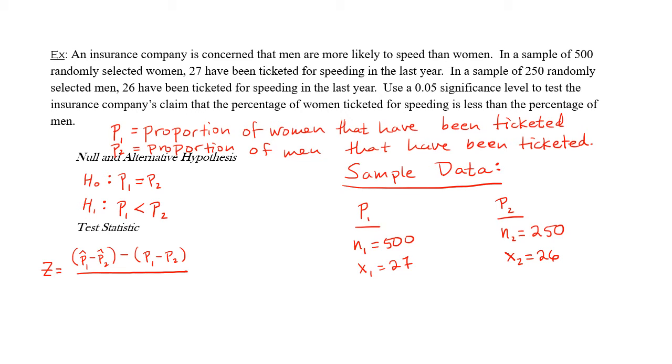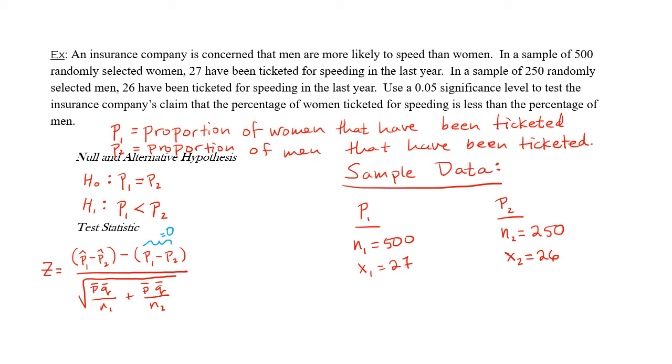In this case, remember that because our null hypothesis is that they're equal to each other, this part will always be 0. And the denominator will have P bar Q bar over N1 plus P bar Q bar over N2.